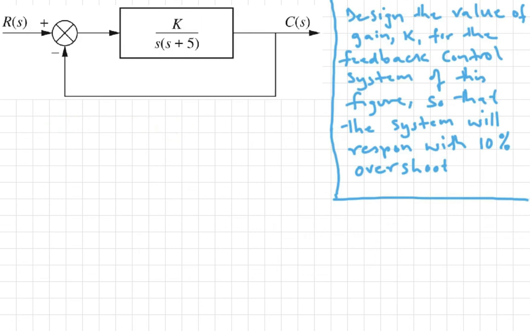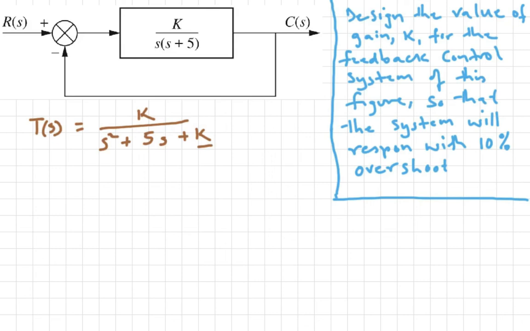So again, we start by finding the transfer function of the system, and I'm just going to write the transfer function. It's going to be K over s squared plus 5s plus K. You can see that the characteristic equation is dependent on the value of K, and that's why it's a design parameter. As we change K, we can change the percentage overshoot.